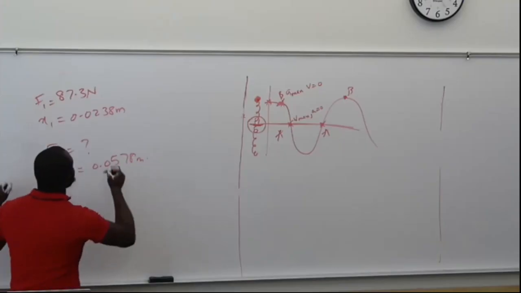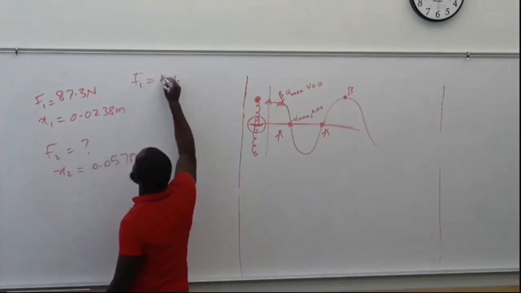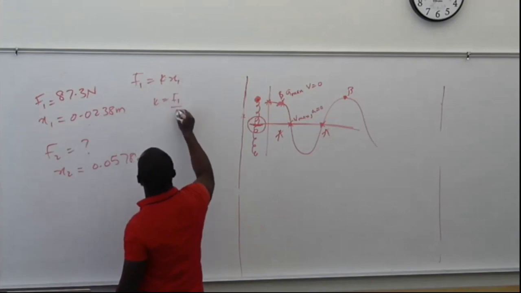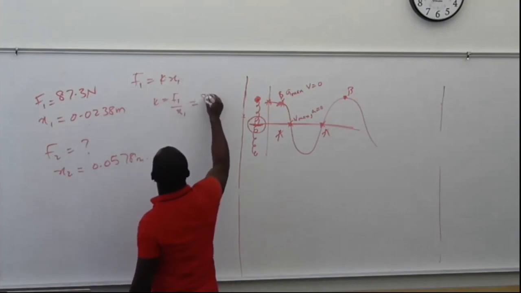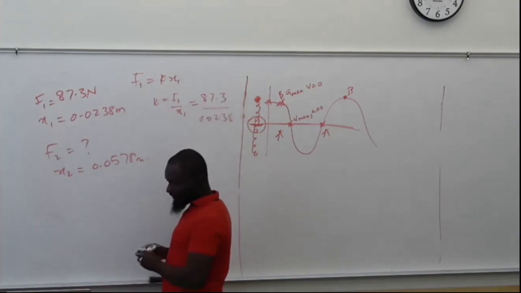I'm going to use F1 equals kx1 from Hooke's law. To get k, it doesn't matter which F and x, so k is F1 over x1, 87.3 over 0.0238, that gives me k.